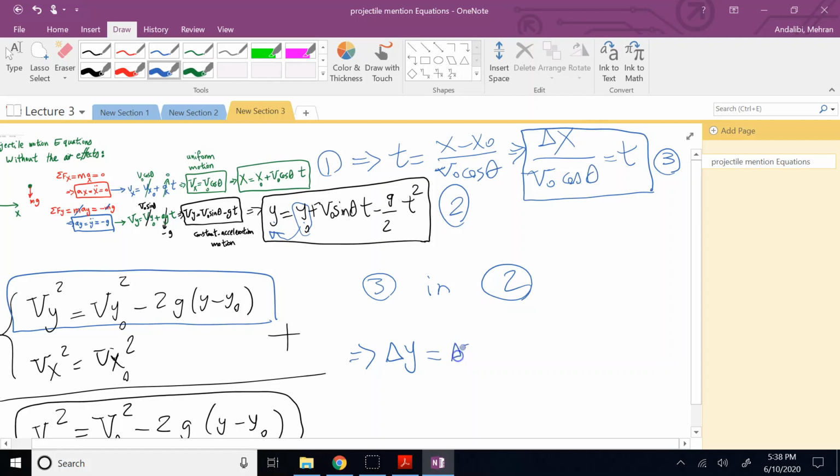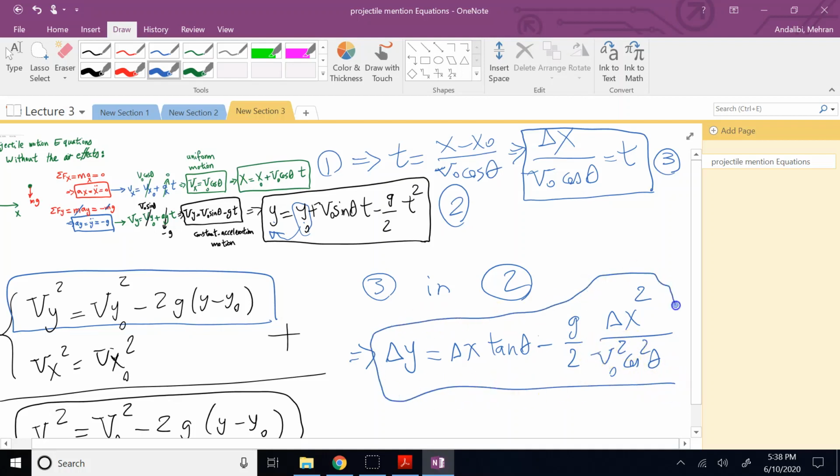So you're going to get delta x times tangent theta, right? And the t is eliminated because you replaced it. And then minus g over 2, and then t squared is going to be delta x squared over v naught squared cosine squared of theta.